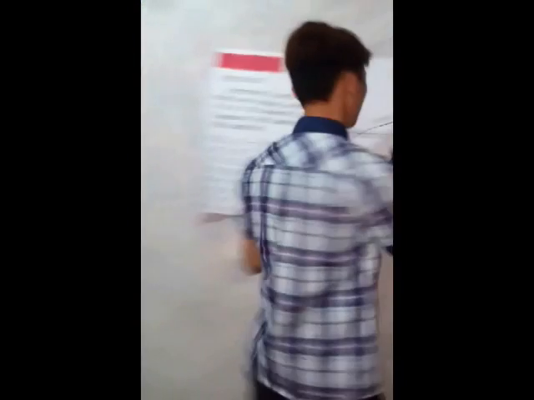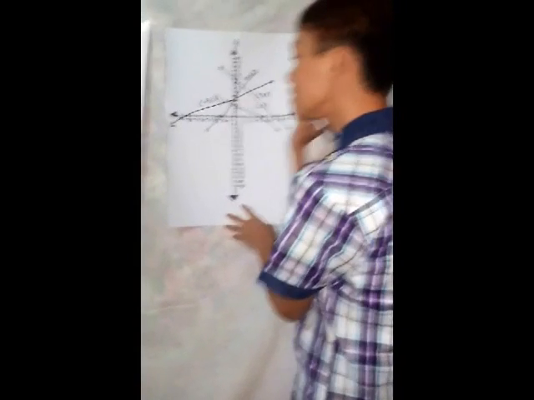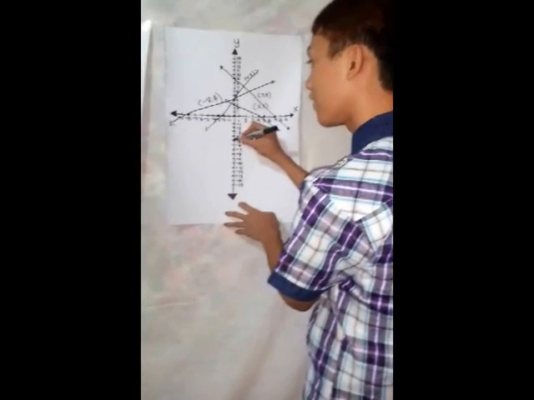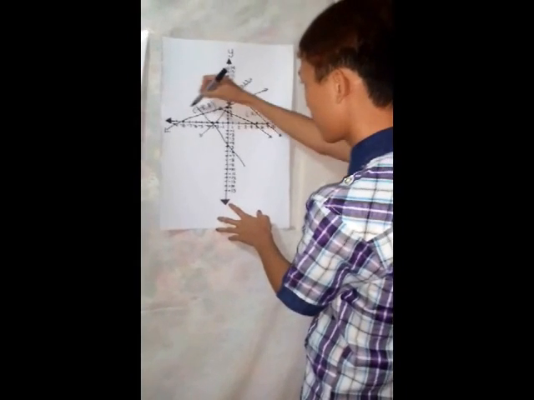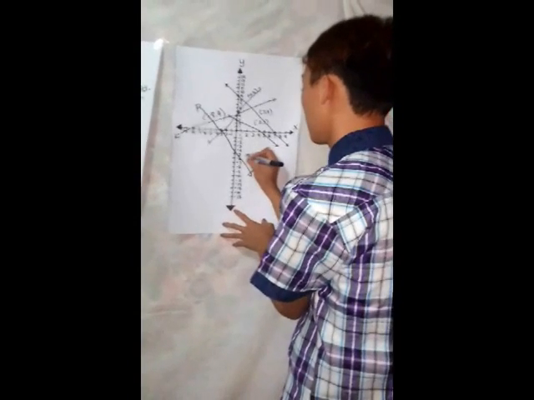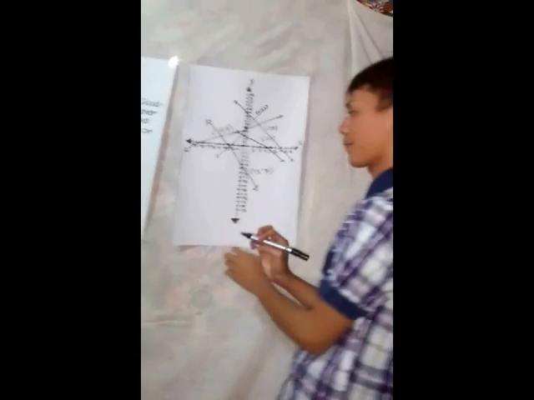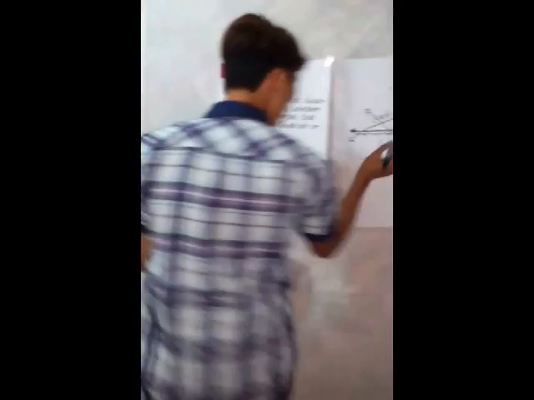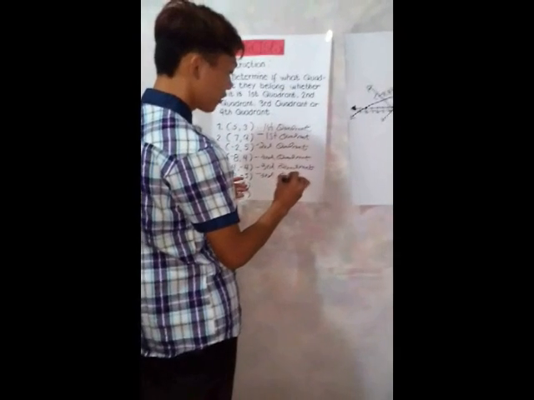So let's see. Negative 3 and negative 5. Let's line, okay? So, negative 3 and negative 5. So, it belongs to third quadrant because it is both negative.